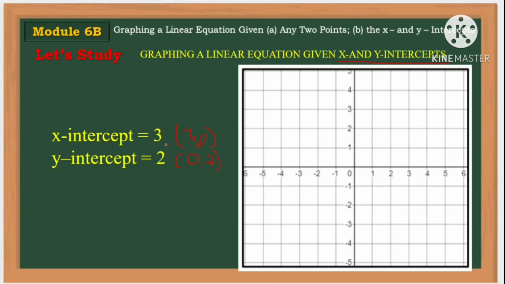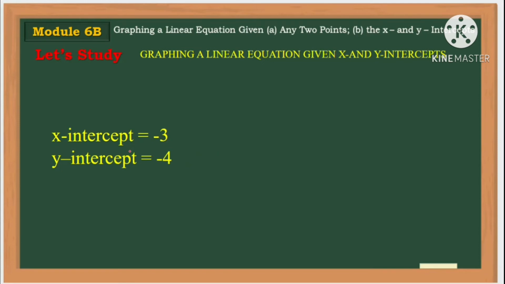X-intercept, +3. Tignan mo lang saan ang +3, nandito, sa x-axis. Ito naman ay y-axis. Y-intercept natin ay +2, andito. Then, draw a line. Ayan lang. Basic, right?